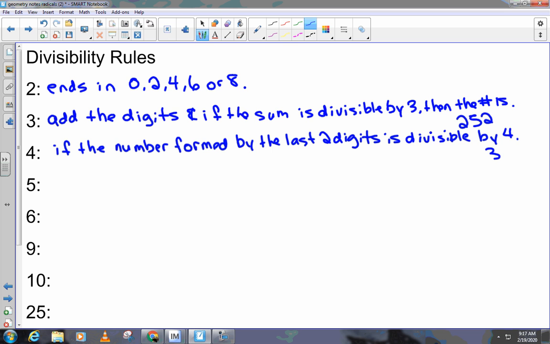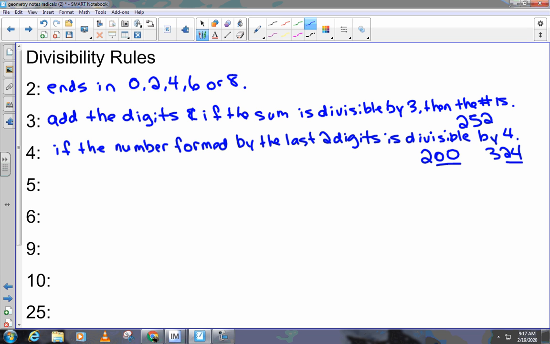So like 324, if you look at 324, the number formed by the last 2 digits is 24. So if you can divide 4 into 24, then you can divide 4 into 324. The only exception to that is if it ends in a double zero, and that's always divisible by 4.